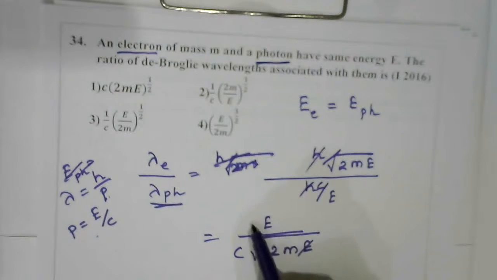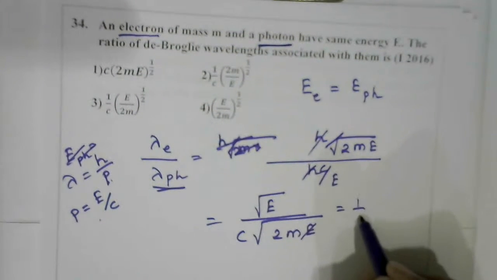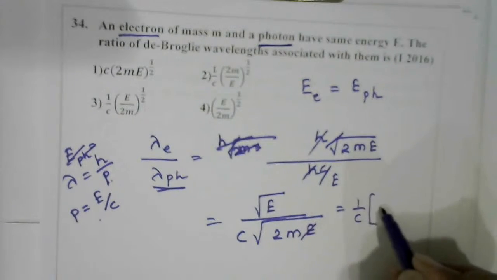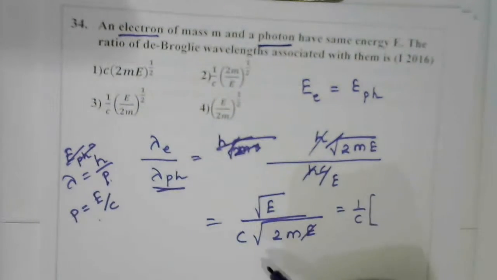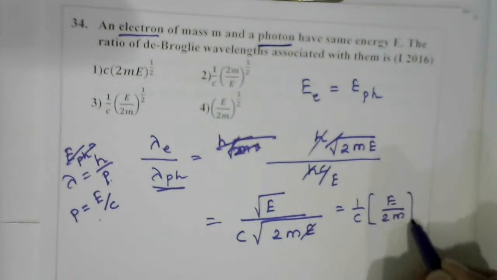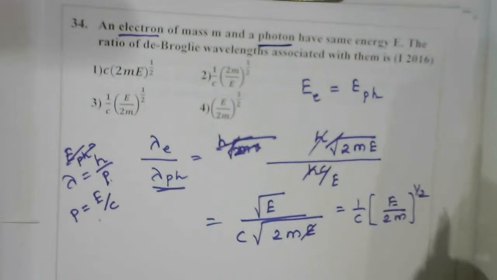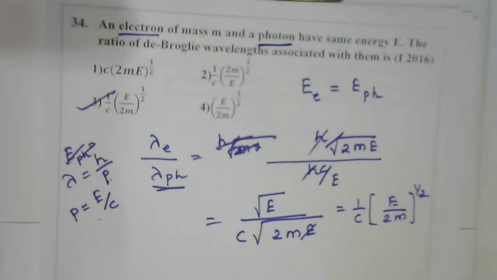And again one E will get cancelled, it will become root. Hence you are going to get 1 by c, E divided by 2m to the power of 1 by 2. Yes. Well, so all of you answered. Very good. So c is the correct option. Okay. Well.